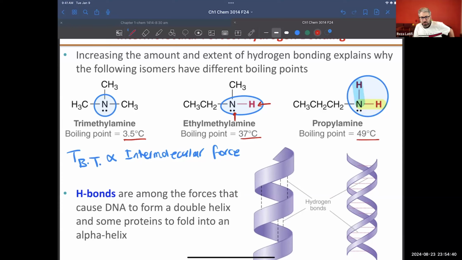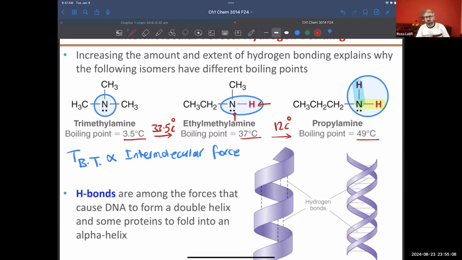Okay, but the jump is not like from 3.5 to 37, which is like a 34-degree jump here. If you look at the jump here, it is somewhere around, say, 10 and 3, so we're talking 12 degrees. Well, here it was technically 33.5 degrees.